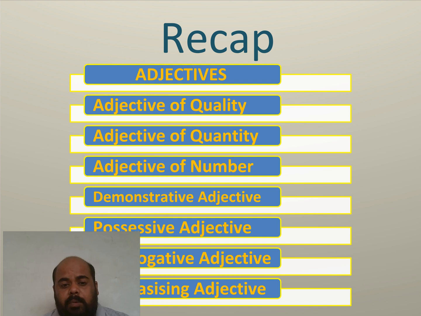Next is interrogative adjective, in which we ask questions: who, what, whose. And the last one is emphasizing adjective, in which we particularly emphasize something, like "I have seen with my own eyes." So we are emphasizing with "own", so "own" is an emphasizing adjective.